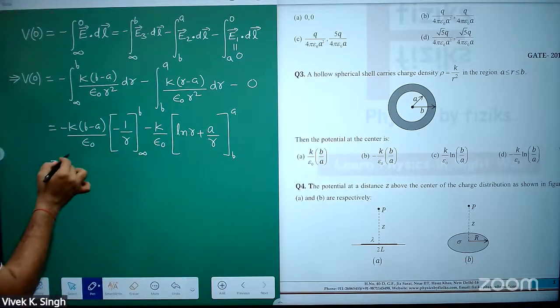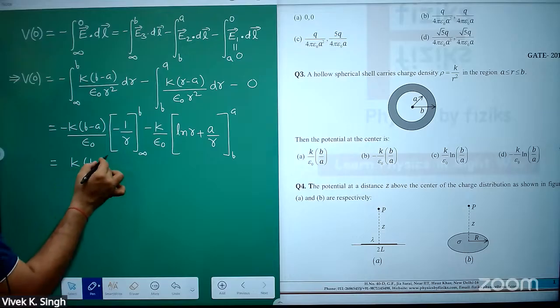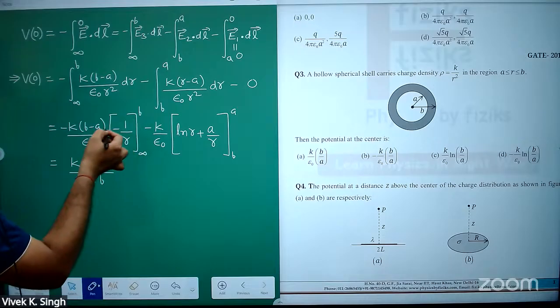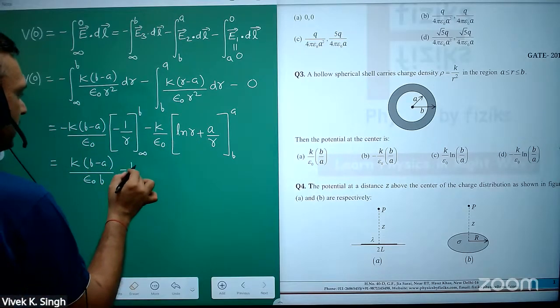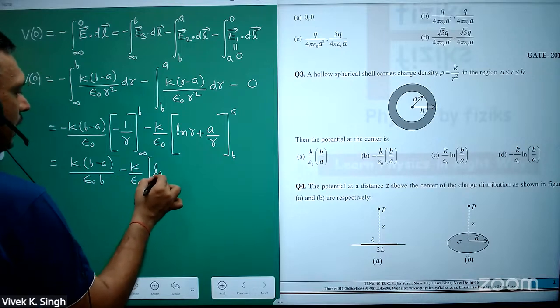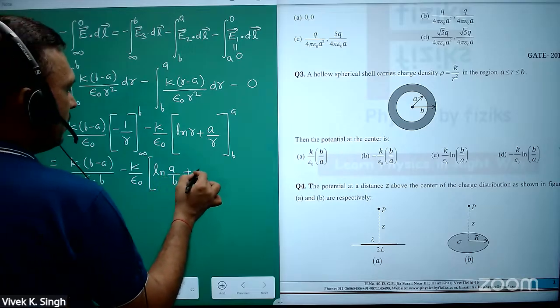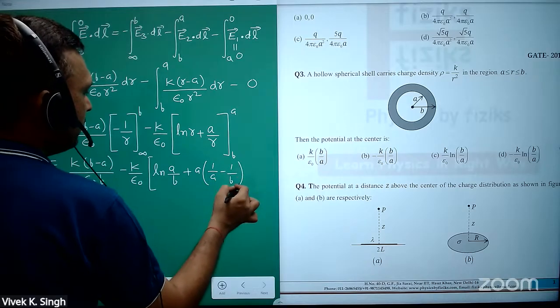Now this will give you K (B minus A) by epsilon naught B, minus, minus, plus 1 by infinity will be 0. And this will give you minus K by epsilon naught ln A by B plus A times (1 by A minus 1 by B).